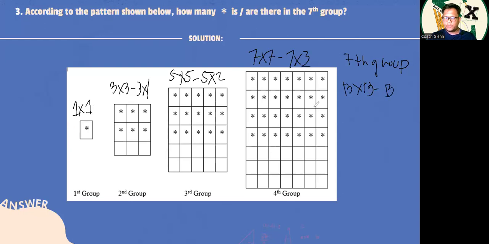So the number here is equal to the group minus 1, so that's 13 minus 13 times 6. So 13 times 13 is 169. Next, we have 13 times 6, which is equal to 78. So we just have 169 minus 78, which is equal to 91.